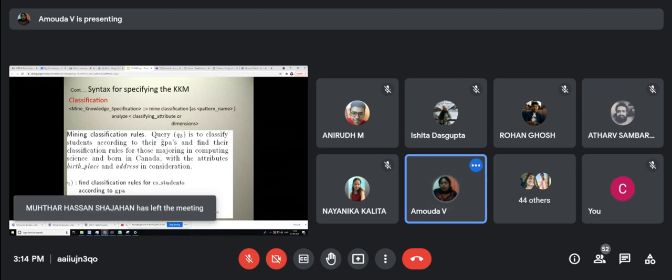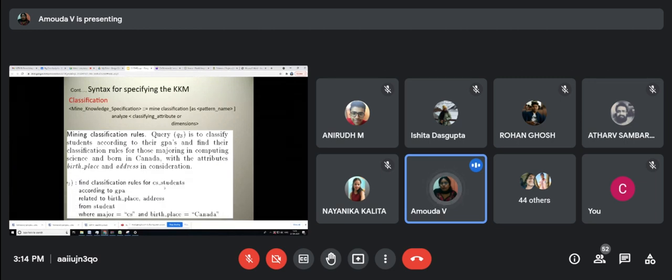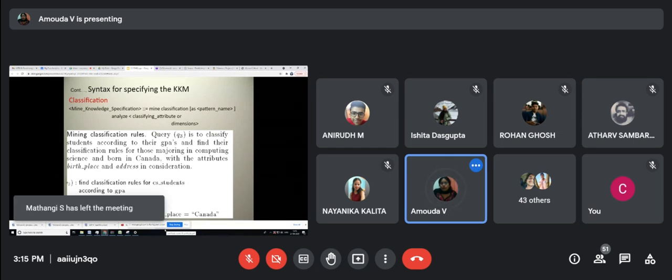For that, we are writing the query, classification for CS students, pattern name, you are giving this one, according to GPA, related to birthplace address from the table student, where major CS and birthplace Canada. This is how to make a query to the mining. That's what I'm explaining.